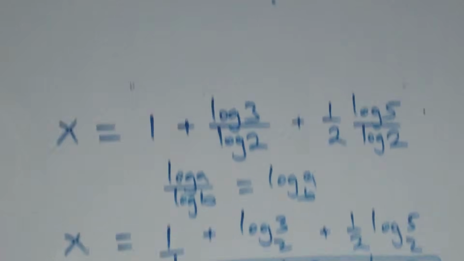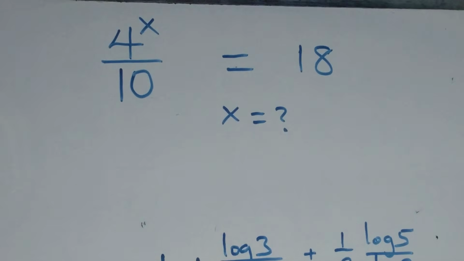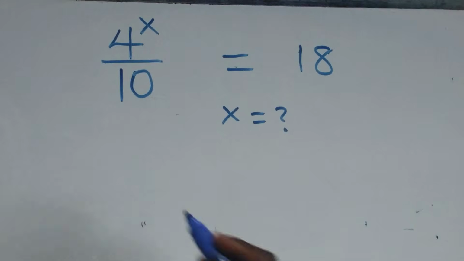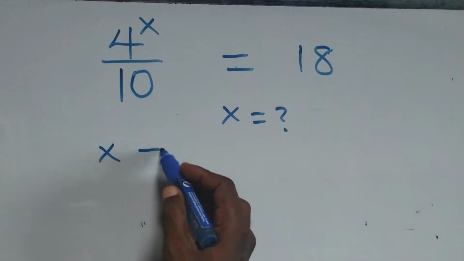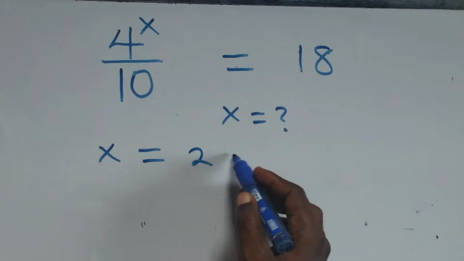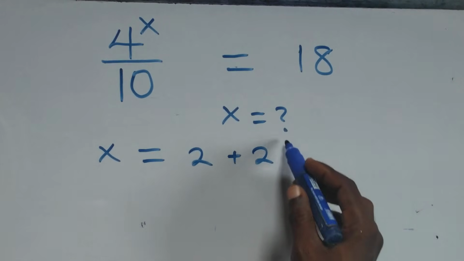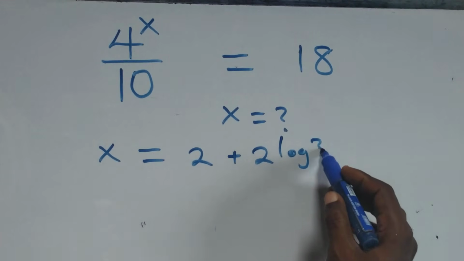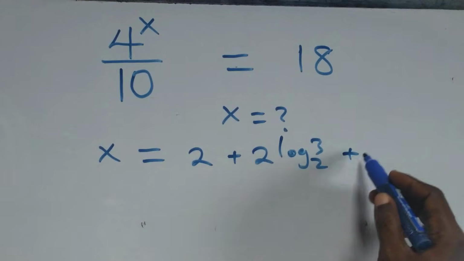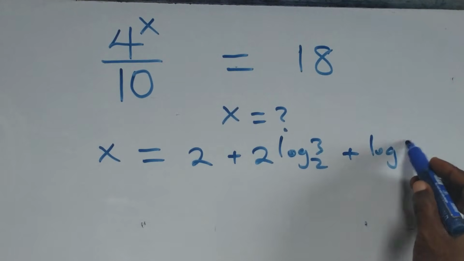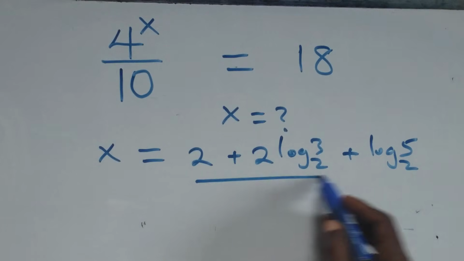And also we can check if this satisfies this given problem. That is to substitute the value of x, which is x equals 2 plus 2 log 3 base 2 plus log 5 base 2 all over 2.